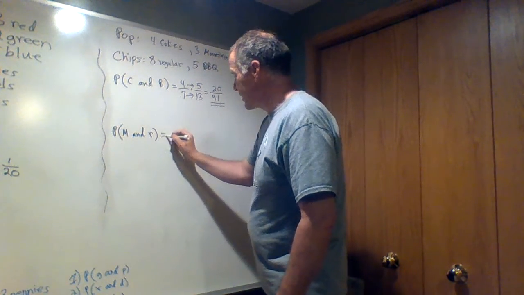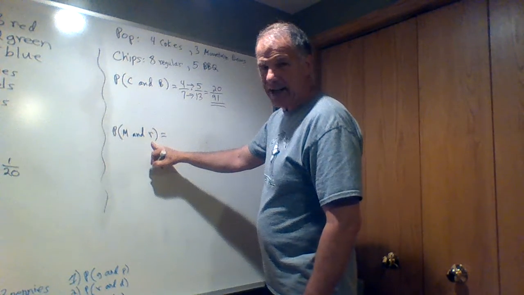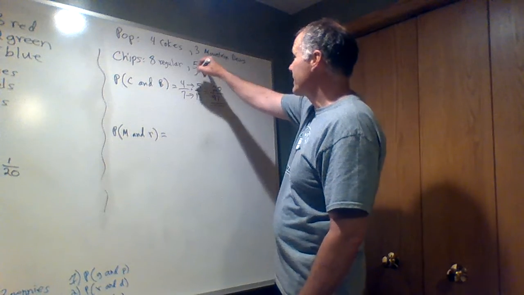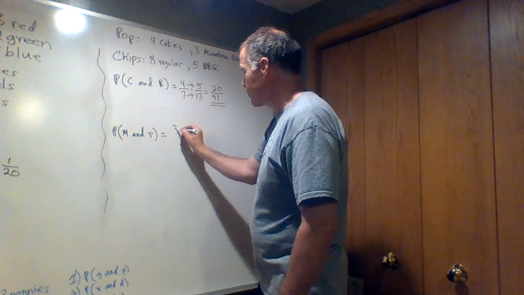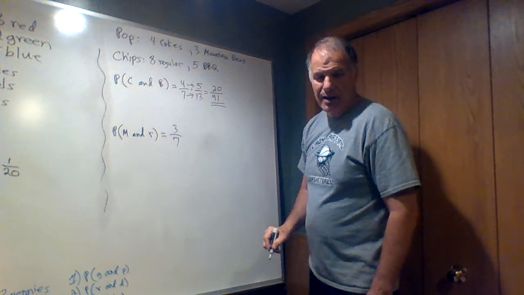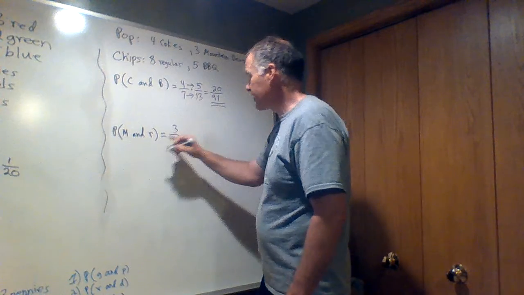Okay, let's do one more here now. What's the probability of picking a Mountain Dew and a regular bag of chips? Okay, so now we're picking a Mountain Dew. Now we can see up here, again, there's 3 Mountain Dews. There's still 7 pops in the cooler. Times, regular chips.